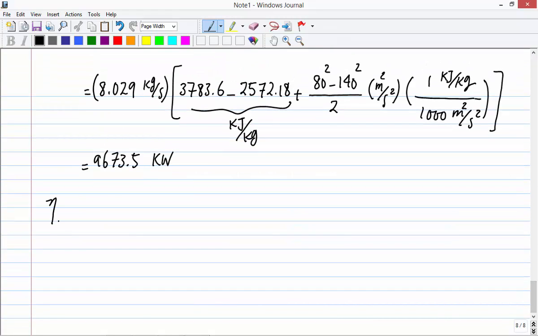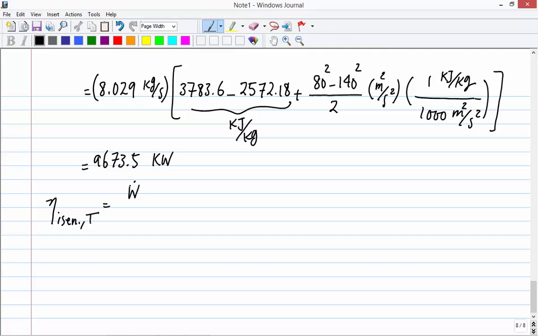Now the efficiency, the isentropic efficiency of the turbine, equals W. Tell me, think again. Let's think about that ideal world. You can pause and think and then play me back again.